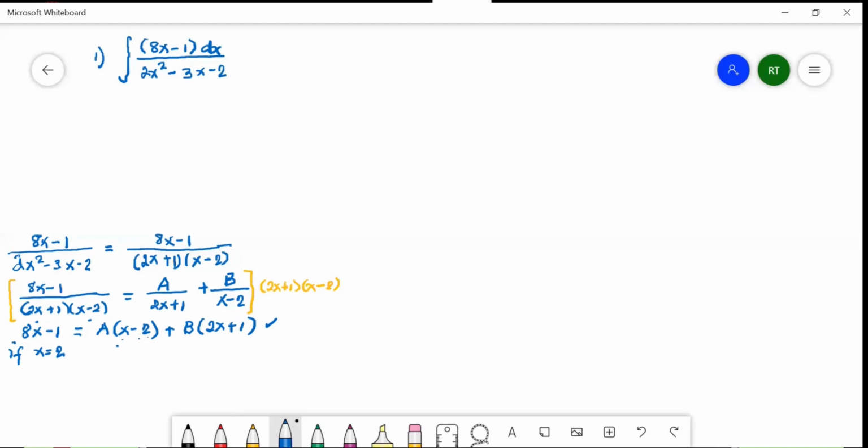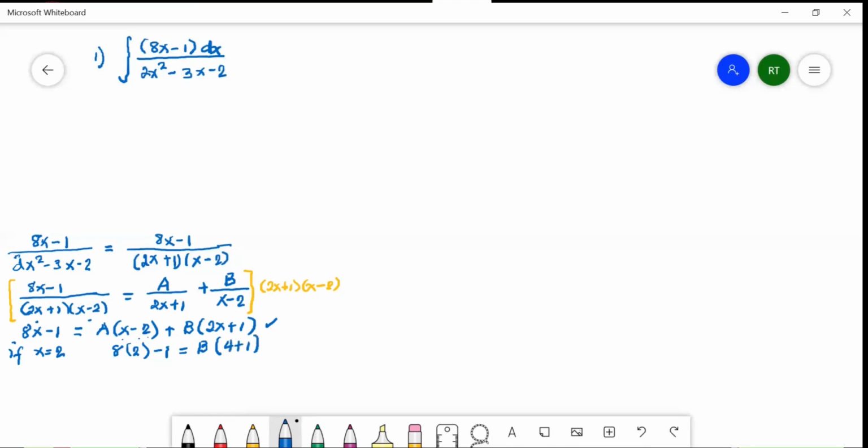We will have 8 times 2 minus 1 is equal to, on the right side of the equation, the first term will be 0 since 2 minus 2 is 0, so it is equal to B times the quantity (2 times 2 is 4, plus 1).